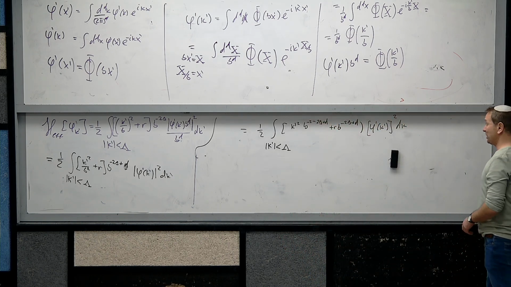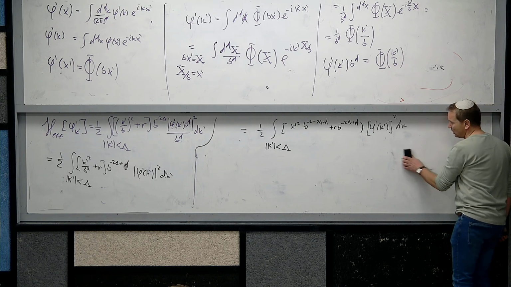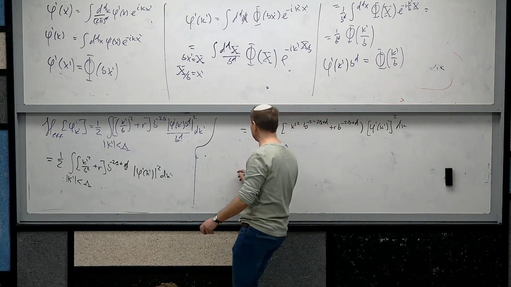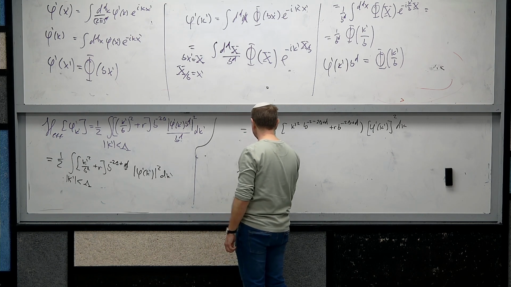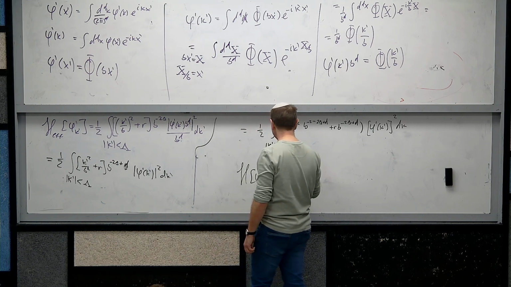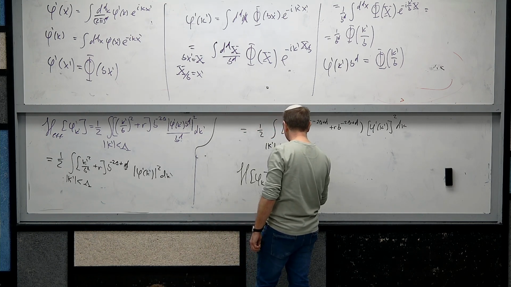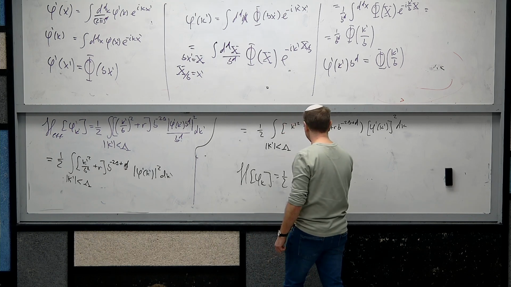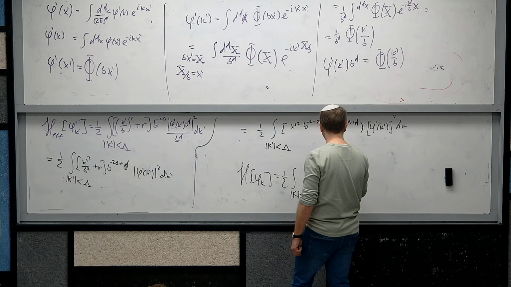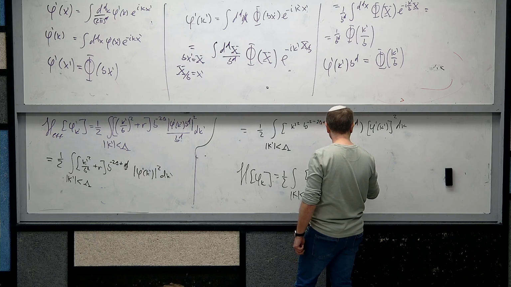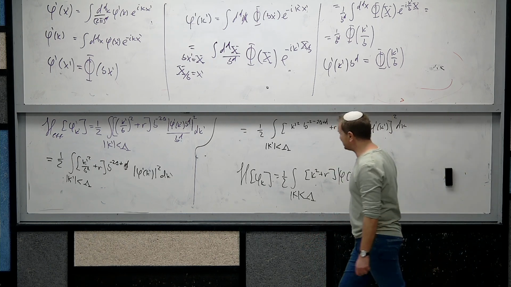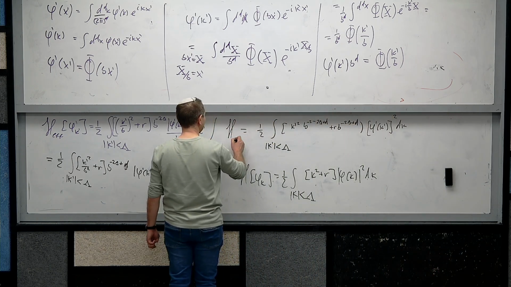We're almost done, because now the structure is very much similar to the original Hamiltonian. I remind you, the original Hamiltonian, H of phi of k, was 1/2 an integral, k absolute value smaller than lambda, k squared plus r, phi k absolute value squared, dk. This was the original Hamiltonian. This is the effective Hamiltonian.